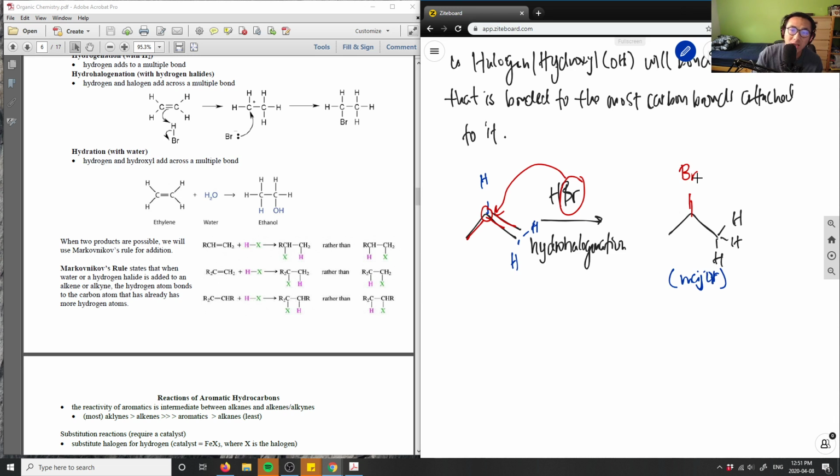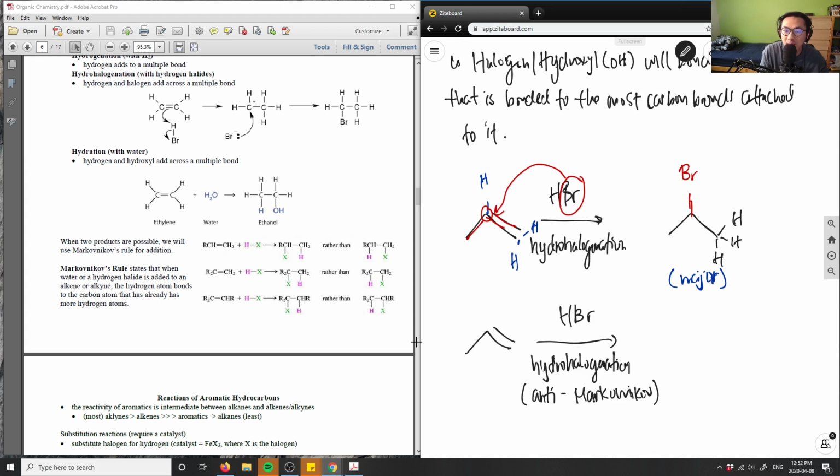What I could have is something called anti-Markovnikov. Anti-Markovnikov is the opposite rule. So if I have a double bond here and I do HBr, hydrohalogenation, and I specify that this is anti-Markovnikov, it doesn't follow Markovnikov's rule but the opposite.